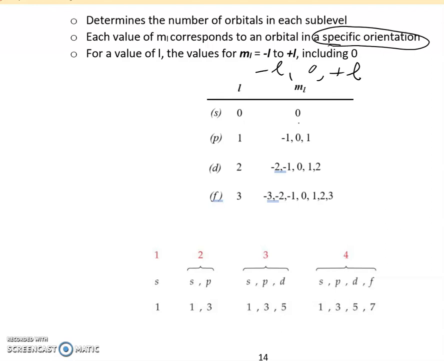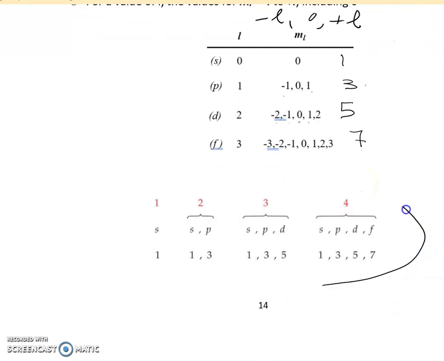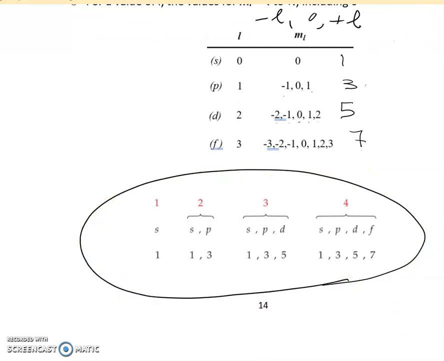You can't have any more than that. p has 3: minus 1, 0, 1, and again, that should make sense. It has 3 orbitals. s has only 1 orbital, that's why it's 0. For d, if we start minus L to plus L, minus 2, minus 1, 0, 1, 2, that should make sense because we have 5 orbitals. And then f should have 7. So 1, 3, 5, and 7. And that's what we are shown here.